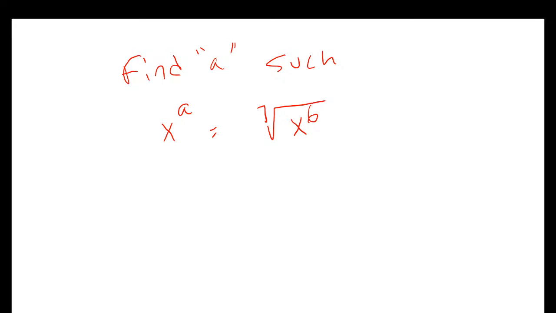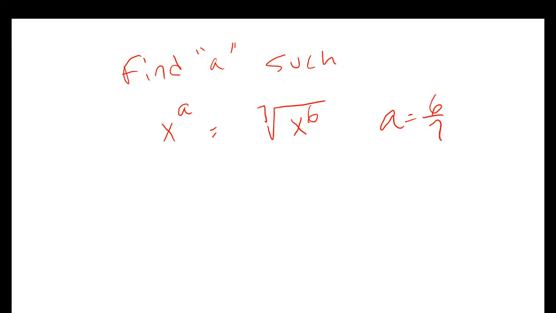Anybody? Alexis? What would A be? If you hurry, Alexis, you might be able to beat Maria. Go ahead, Maria. If you got it, go ahead and say it. A would be 6/7. Very good. Excellent. Those are just slightly different ways that I can ask the same questions.